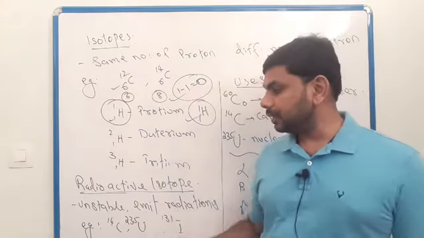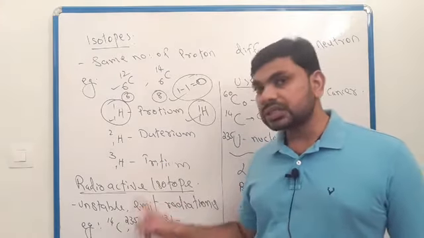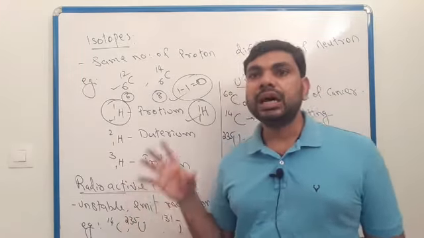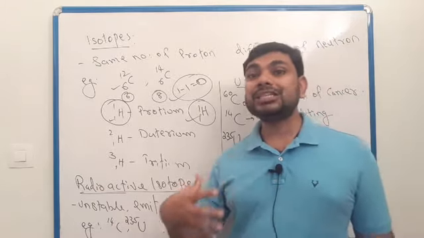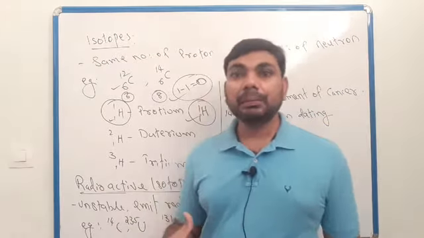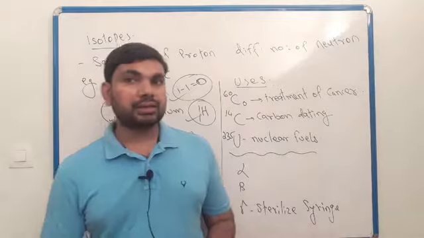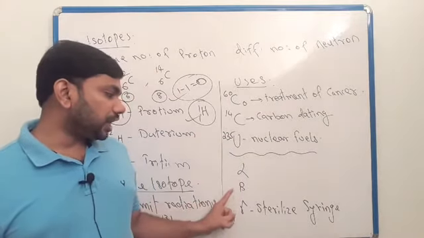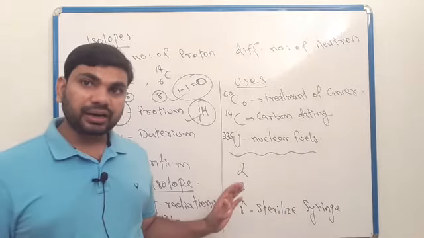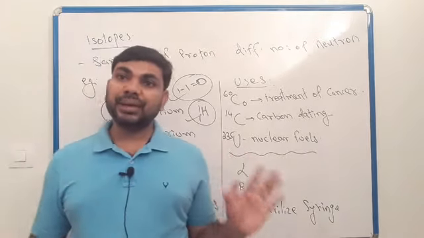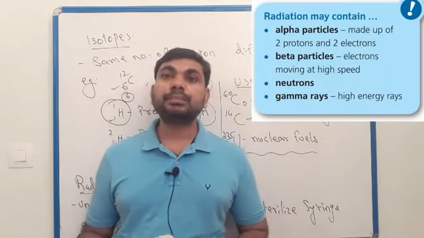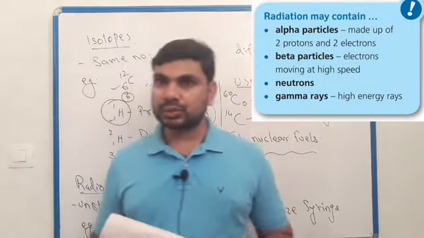This means the carbon 14 isotope emits harmful radiation. We call the harmful radiations alpha, beta and gamma, emitted by a radioactive isotope.